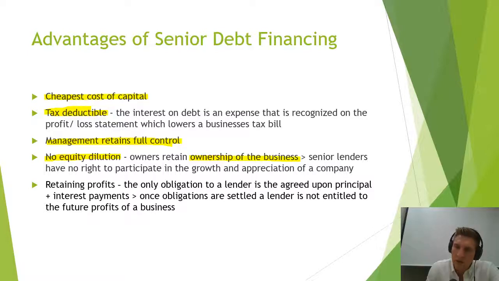Senior lenders receive no shares in a company and thus do not participate in the growth and appreciation of a company. All shares remain with the shareholders of a business. Lastly, retaining profits. So after all principal and interest payments are made, senior lenders have no right to the future profits of a business.